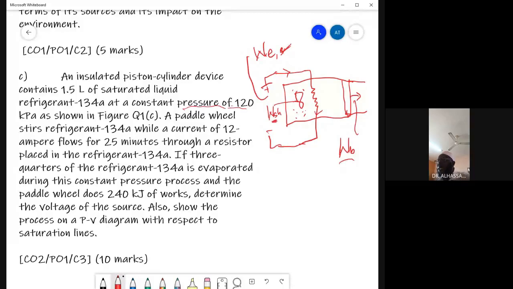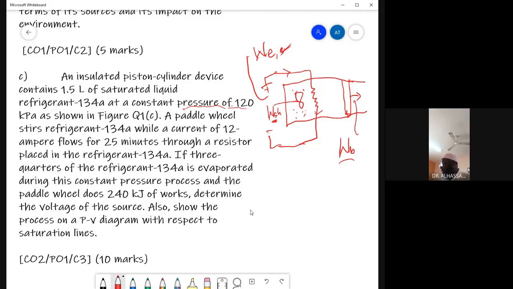These are the three types of work associated with it. Now, we are told that if 3/4 of the refrigerant is evaporated during this constant pressure process, and the paddle wheel does 240 kilojoules of work, determine the voltage of the source.